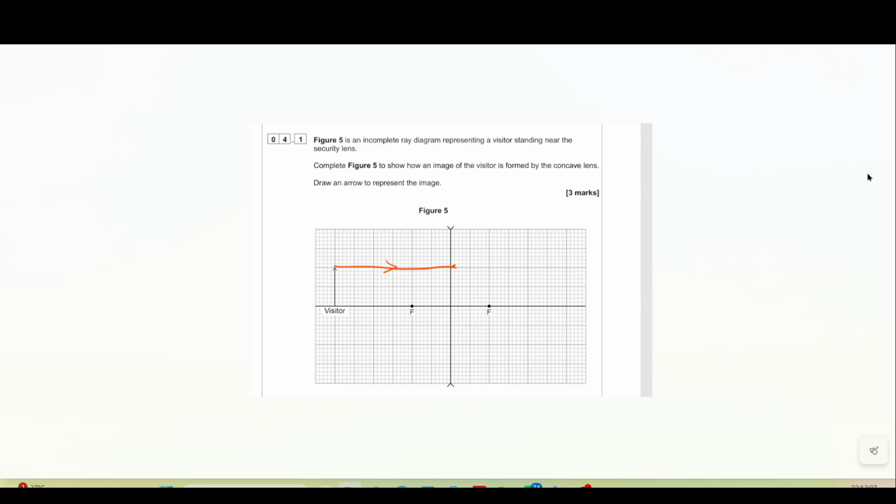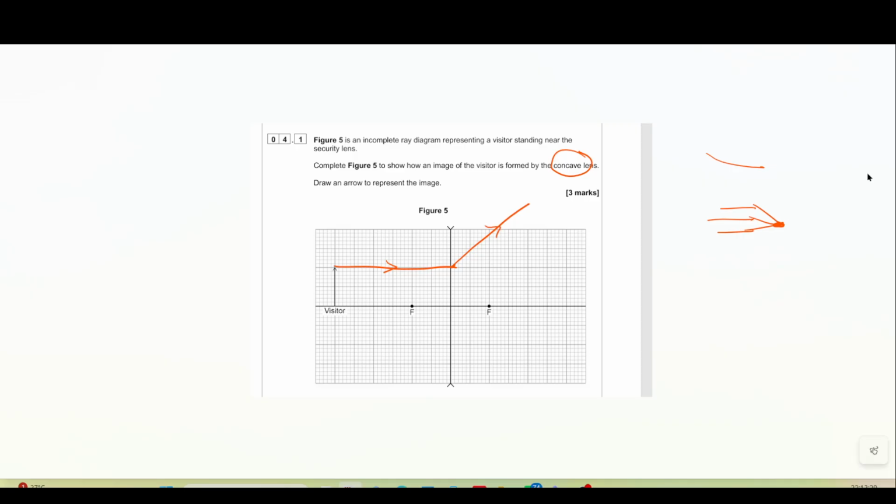Because it is what type of lens, right? Concave means it is diverging. So when light is going parallel to this, it will go back; it will not converge like in the case of a convex lens, where all the light converges to a single point, but here this is how it will go.